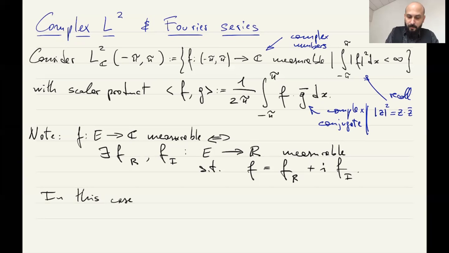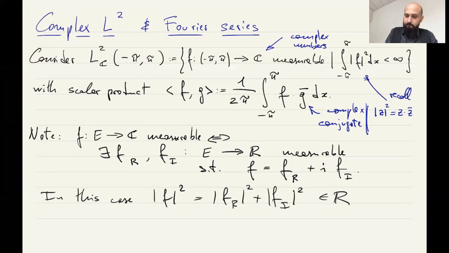In this case, the norm of f square is nothing else than the norm of f_r square plus the norm of f_i square. So this is a real number at every point.